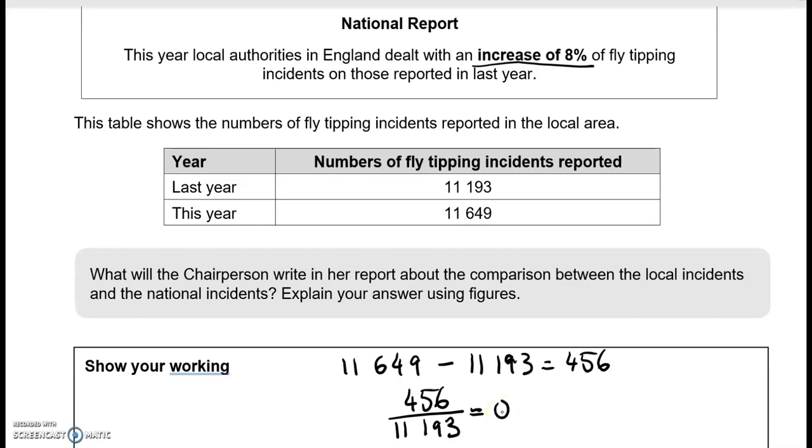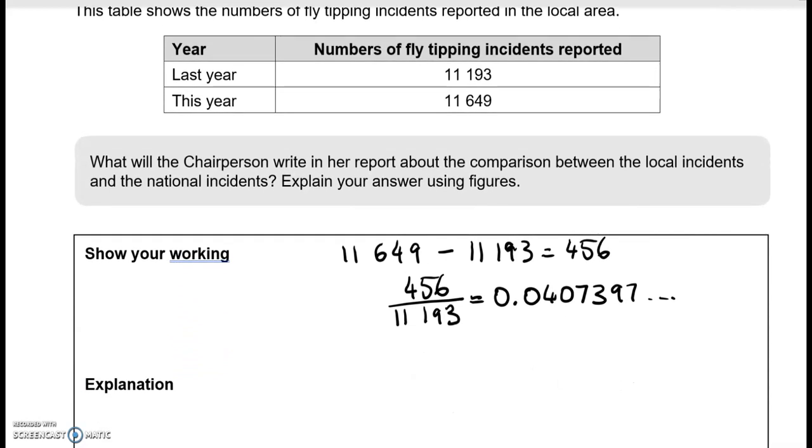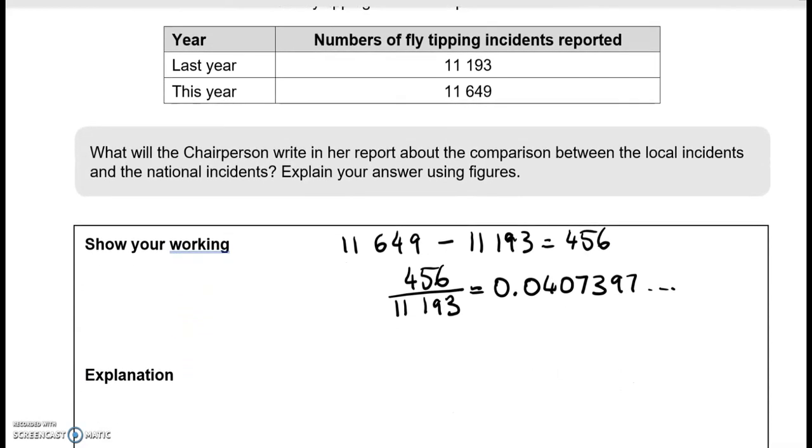That is equal to 0.0407397 and so on. So in terms of a percentage, this is about 4.07% at the local level.